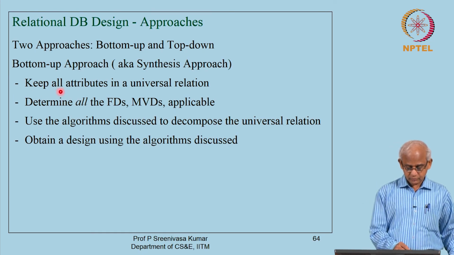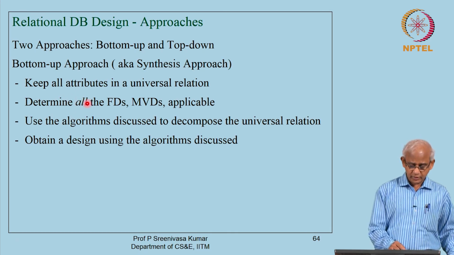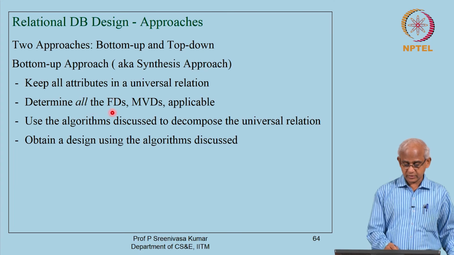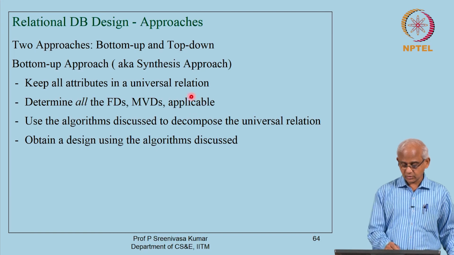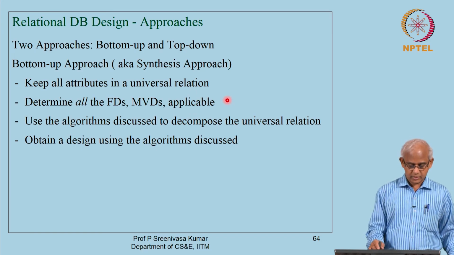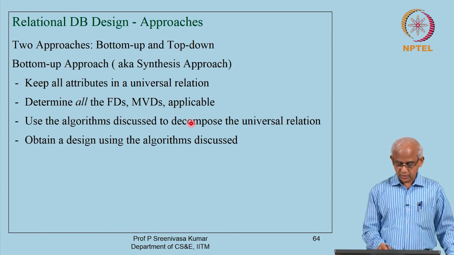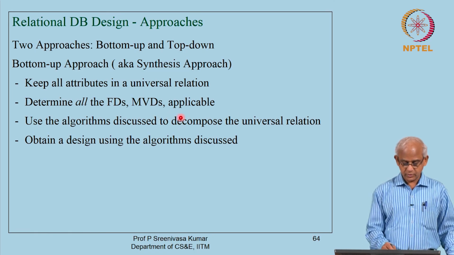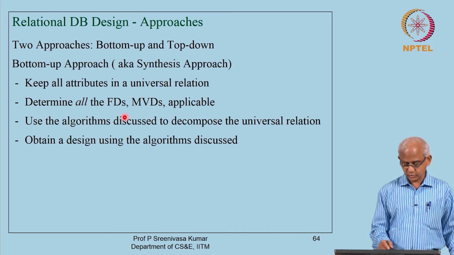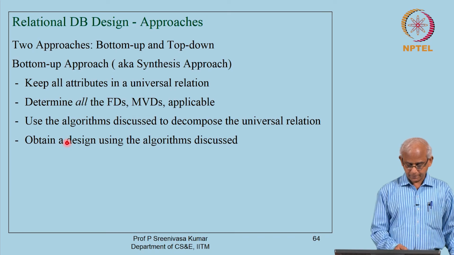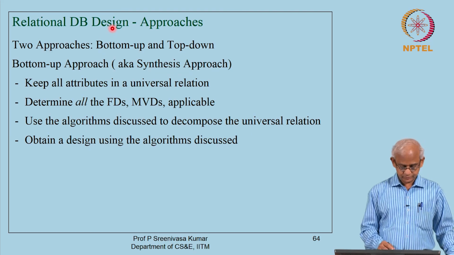Then by doing a careful study of the domain, we determine all the functional dependencies, all the multivalued dependencies, and if there are JDs, all of them we need to determine and write down. Then we can use the algorithms discussed in this module to decompose this universal relation into individual relations that satisfy the highest normal form, maybe fourth normal form, and then obtain a relational database design.